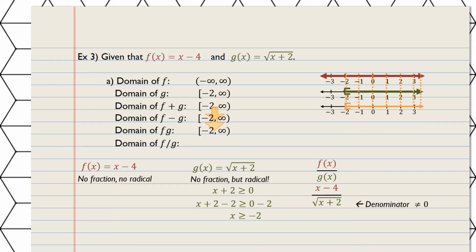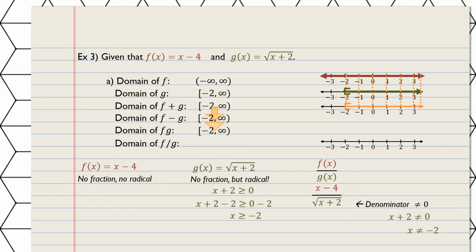The denominator. We know the denominator cannot equal 0. Well, in this case, our denominator is square root of x plus 2, which means we cannot let this radical equal 0. So we solve for x, and to do that we would subtract 2 on both sides, and we find x cannot equal -2.